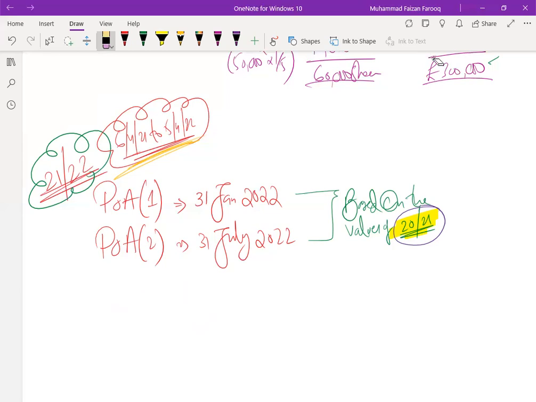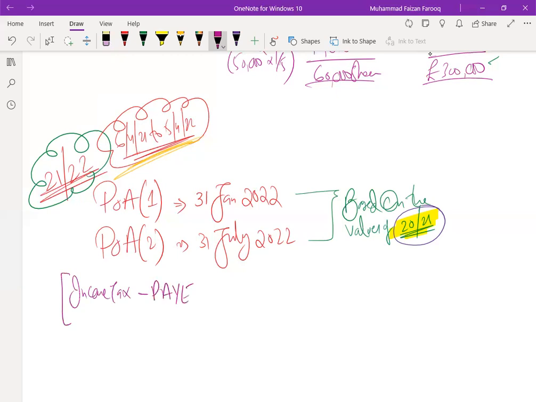I will write it in this way so you can easily memorize it. Income tax minus pay as you earn.